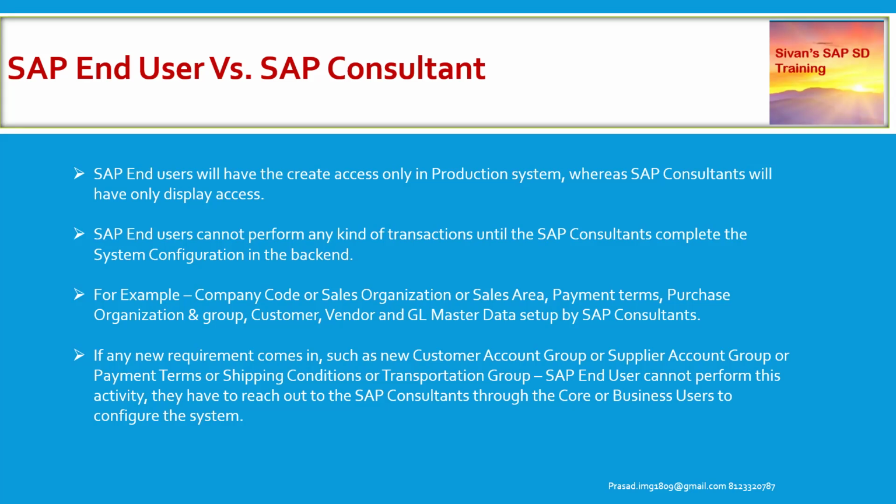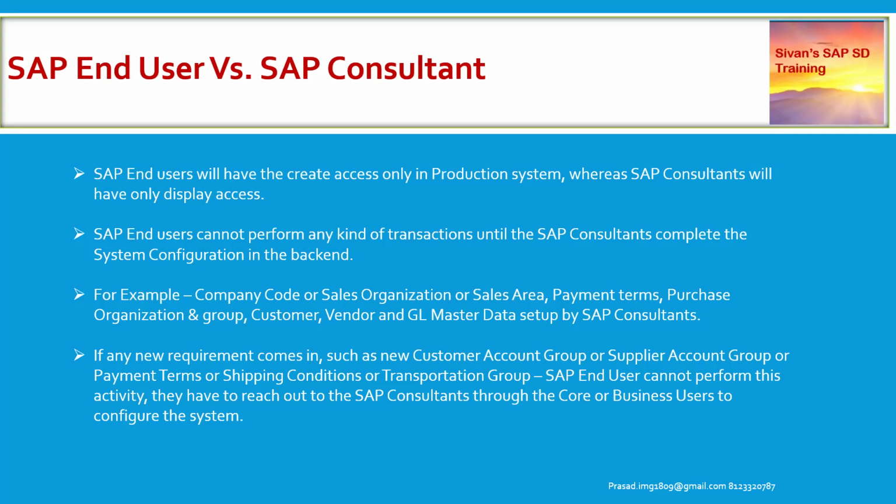Once it is configured in the system, we will complete all the testing in the lower environments: unit testing in the development system, and integration testing in the quality system. Finally, we will ask the business to perform the UAT, that is user acceptance testing, in the quality system.